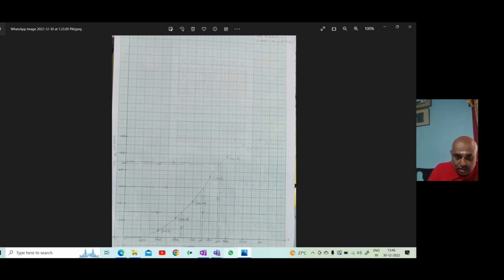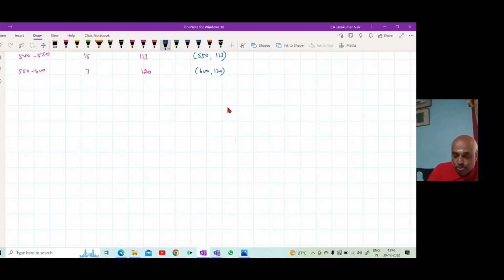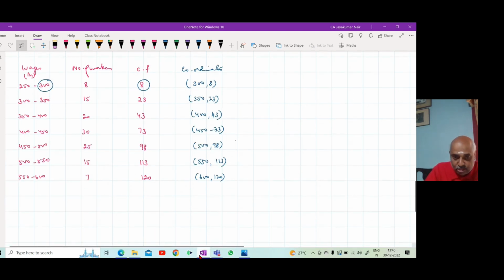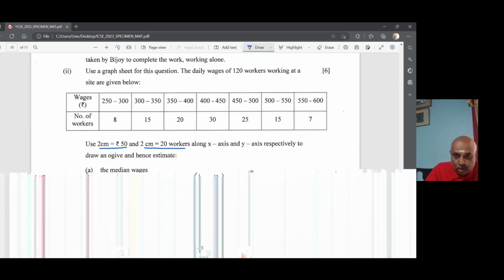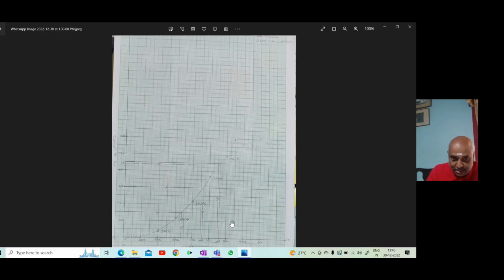Whatever coordinates we have here, we will plot on the graph sheet like this, and then you have to draw an ogive curve.